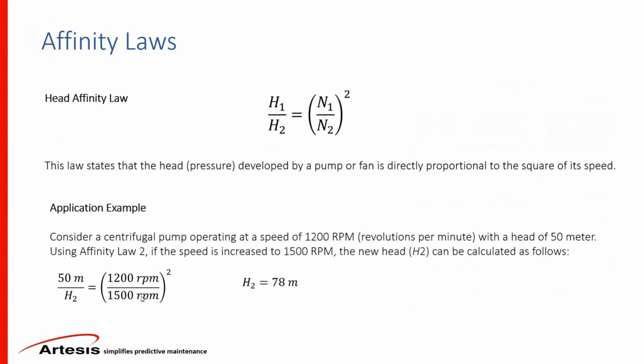The relationship between the speed and head is squared, which means that when the speed of the pump is increased or decreased, the head will change by a factor of the square. In this example, you can see that we are increasing the speed by 25%. This 25% increase in speed will yield a 56% increase in head. So it will go from 50 meters to 78 meters.